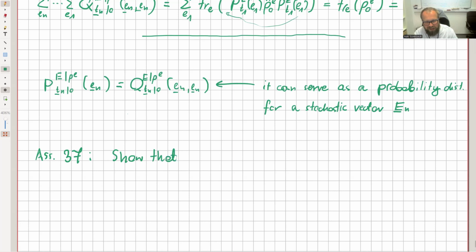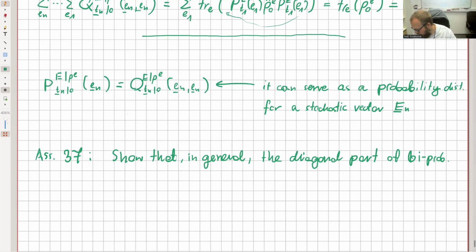Show that in general the diagonal part of the biprobability violates the Kolmogorov consistency condition.